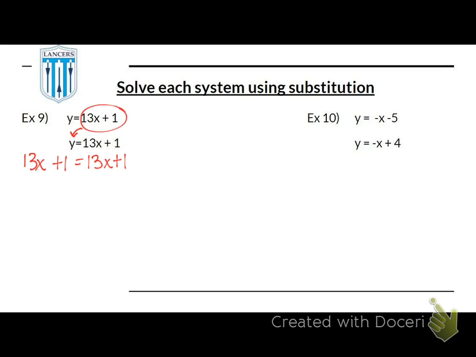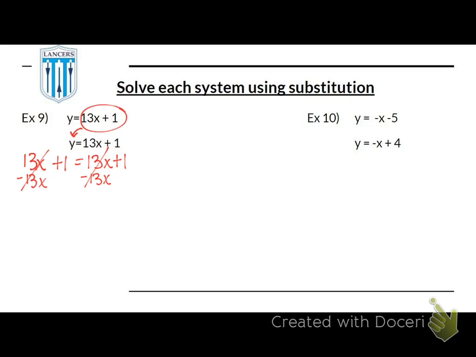If I ignore the fact that this looks awfully silly and say I want all my x's to be on the same side, that would mean I would subtract 13x, which means I have to do it on the other side. So what happens to my x's on both sides? They cancel out completely. X is totally gone.